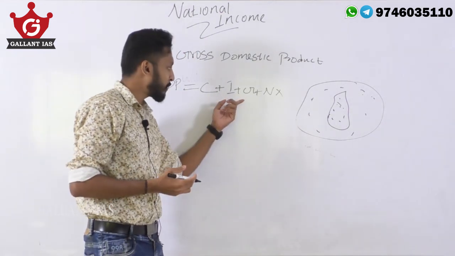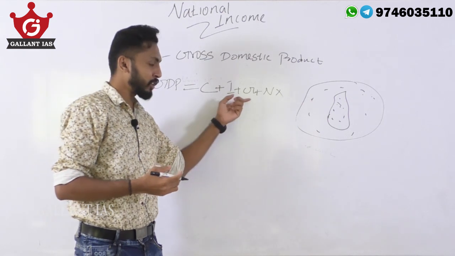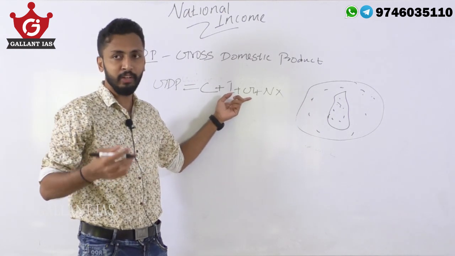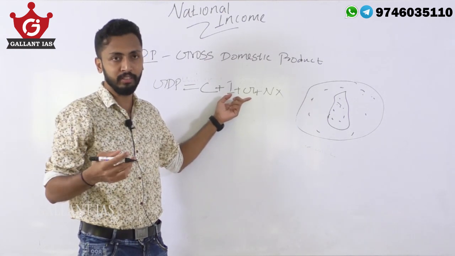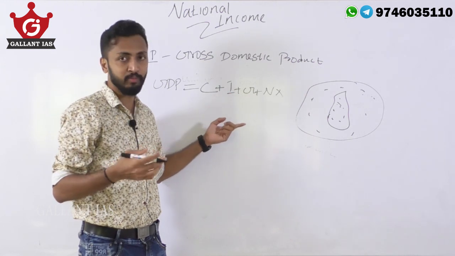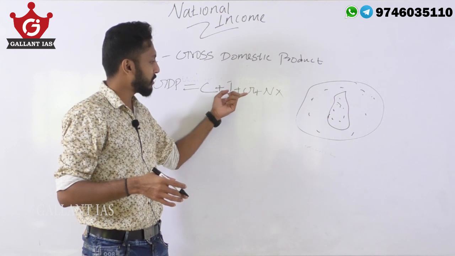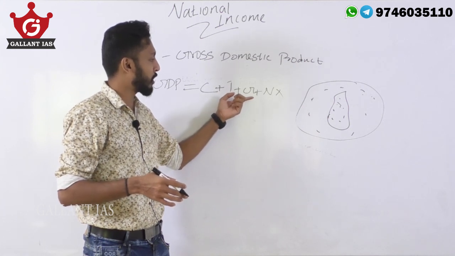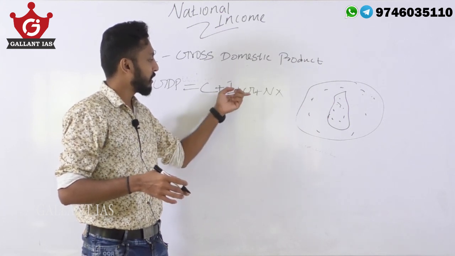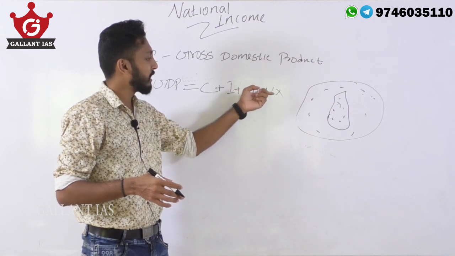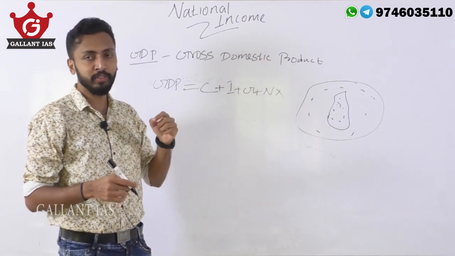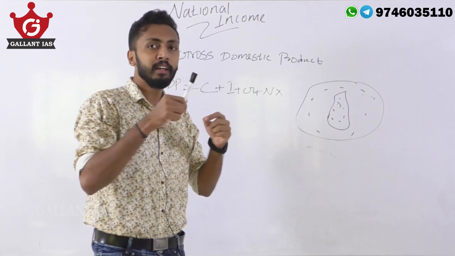G, government expenditure. Like individuals, the government also has expenditures. Government also has consumption, and they are also investing money in the economy. So those expenditures and investments of government are included in G. Then NX, net exports, which is export minus import.